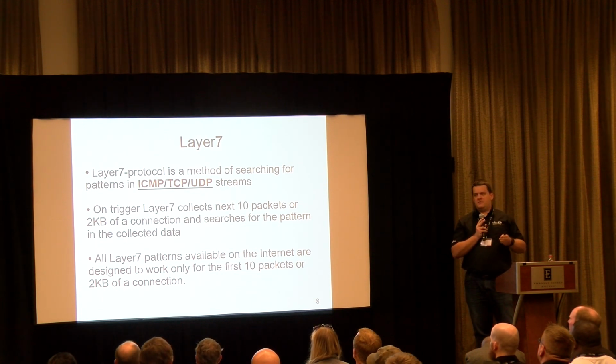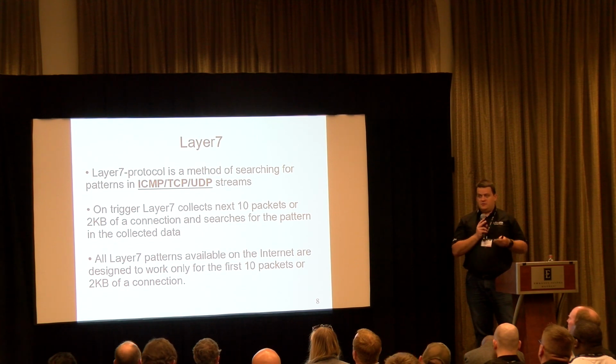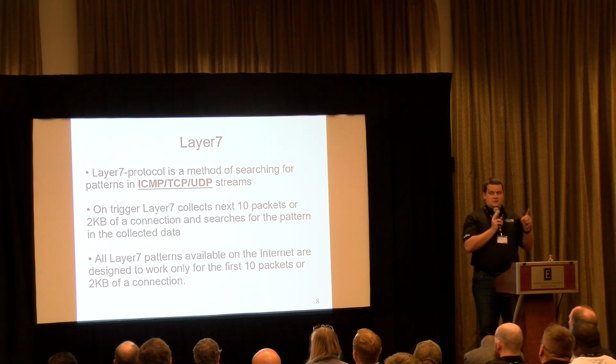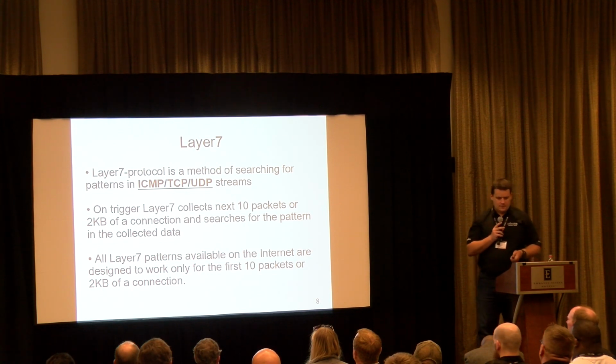So imagine on every packet that you receive, you collect the next 10, and then again the next 10, and again the next 10, and then check it over and over again, which is useless, because all layer 7 patterns available on the internet are based on the beginning, or the first 2 kilobytes, of the connection, and that's it. If you capture the connection in the middle, you will not find that pattern, because it's based on the beginning of the connection in most cases, if not all.